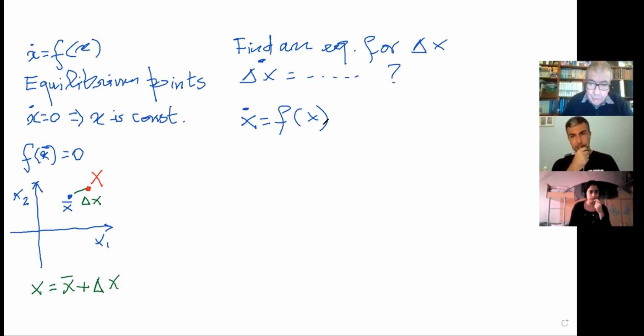We can compute the derivative of the equation that is written in green. Okay, so maybe I could use this equation in green. I could find out the derivative of x, which is the derivative of x bar, which is, x bar is constant, so it's 0, plus the derivative of delta x.